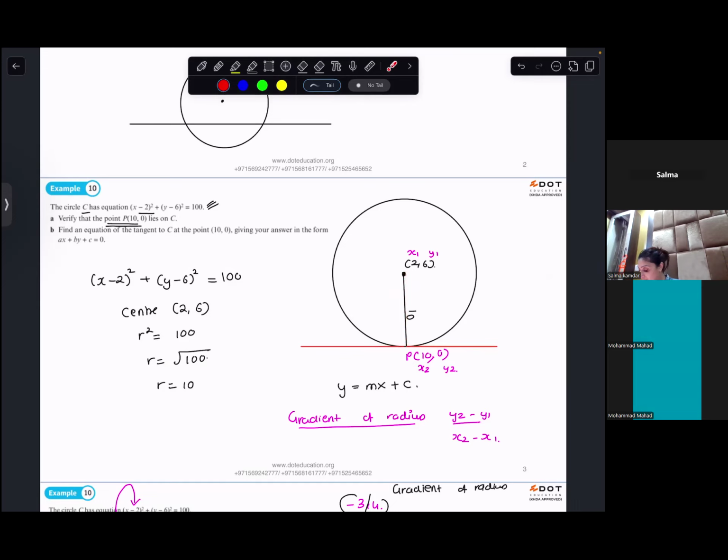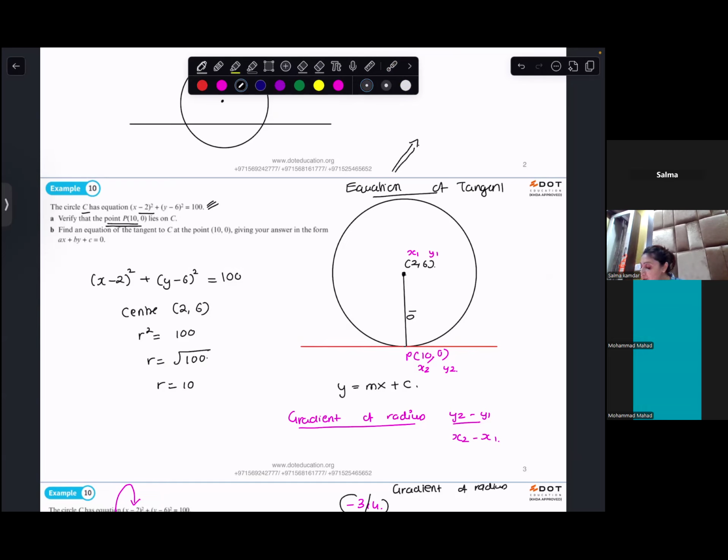After we got the gradient of the tangent, then what do we do? Then we plug in the values, the points. We want the equation of the tangent. How do we find the equation of the tangent? We plug in the points.